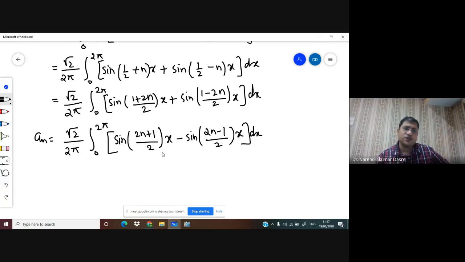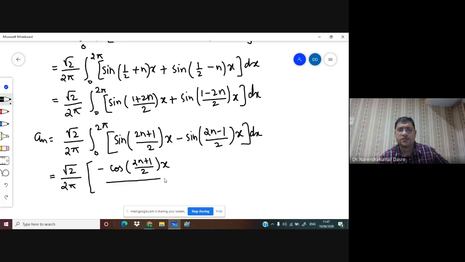So the integral of sine is going to be minus cosine precisely. Okay. So this is equal to 2 upon 2 pi, and here we have minus cos of 2n plus 1 by 2 into x upon 2n plus 1 by 2.